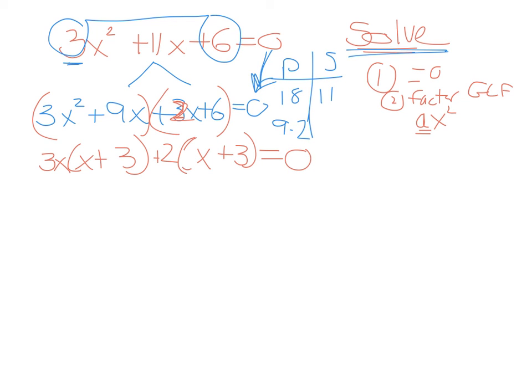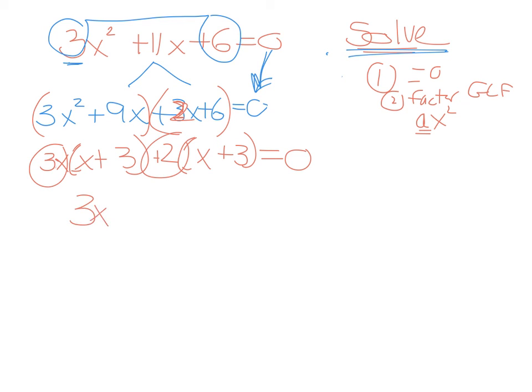I'm going to erase over here now. Okay, so I'm going to finish factoring by taking what's outside here and putting that in its own parentheses, 3x plus 2. Take the other one that repeats, make sure that that's the same, x plus 3 equals 0.